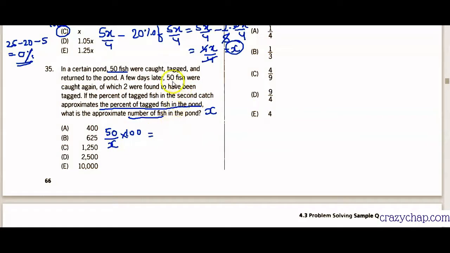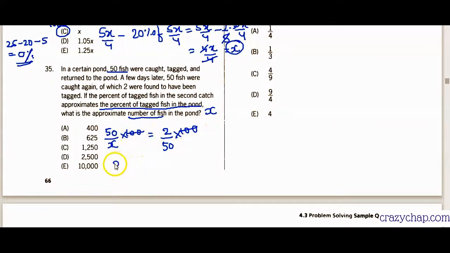So second catch is 2 out of 50, right? Times 100. So we'll have to calculate the percentage value. We'll have to find the x value. So 100 gets cancelled.